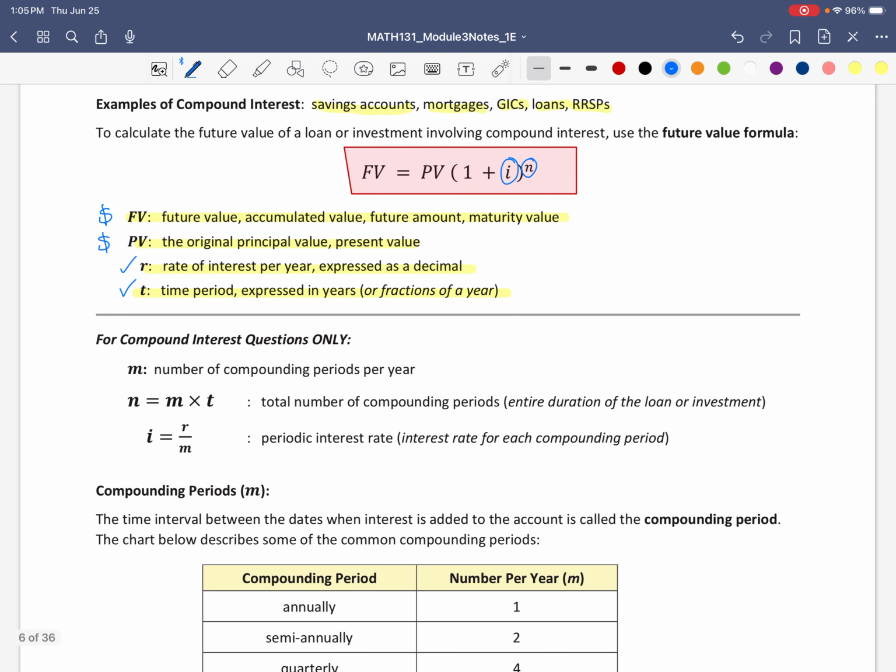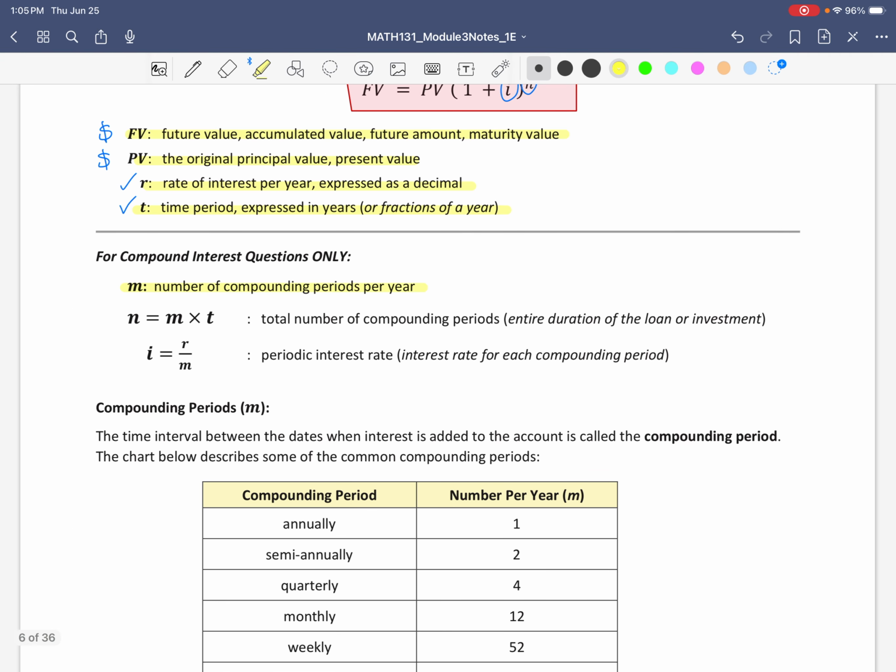For compound interest questions only, we need values of M, N, and I. Our M value is the number of compounding periods per year. We're going to talk more about M in a little bit. N is equal to our M value times T. This is our total number of compounding periods over the entire duration of the loan or investment.